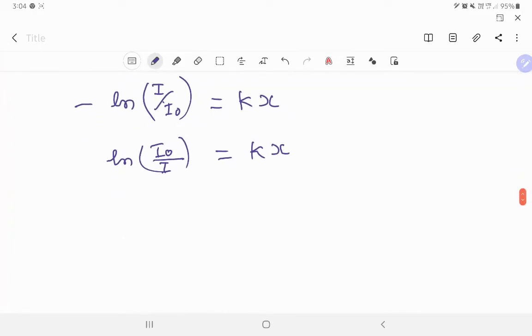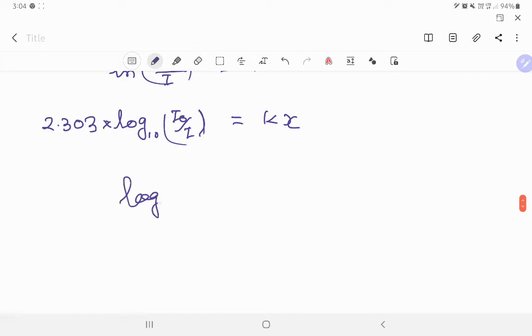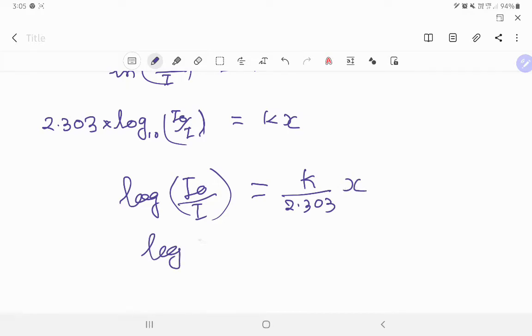If we transform this natural logarithm to log to the base 10, it will be 2.303 into log of I0 upon I is equal to kx, or log of I0 upon I is equal to k upon 2.303 into x, or log of I0 upon I is equal to a into x.